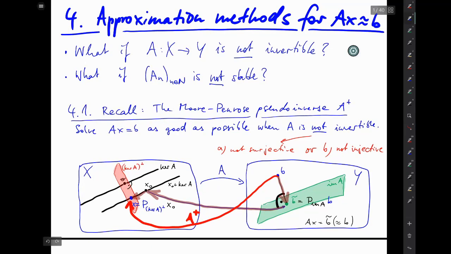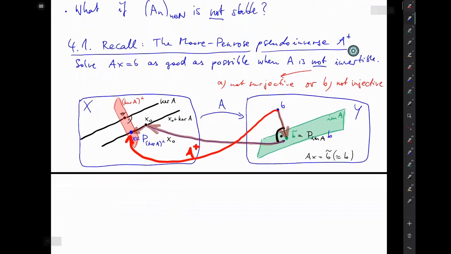So let's write that last comment down explicitly. At first, your original right hand side B is projected down orthogonally to the image of A, giving you B tilde.